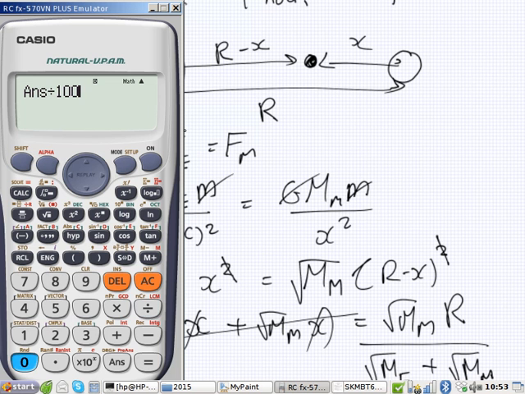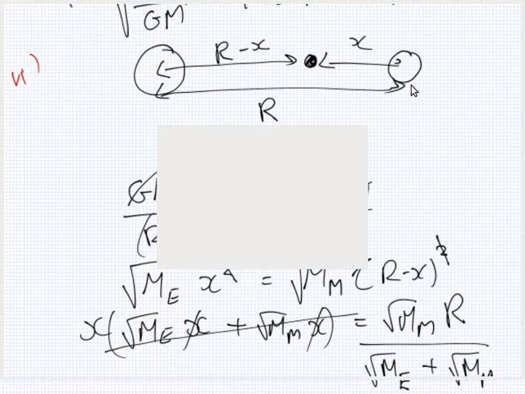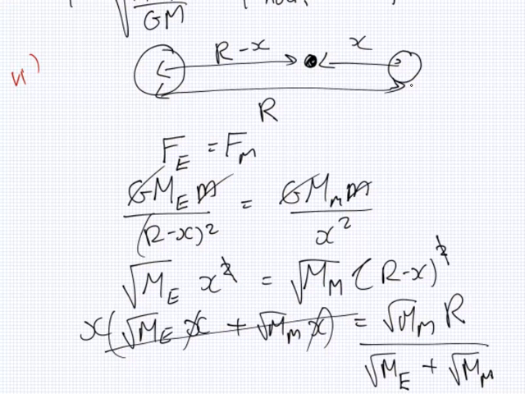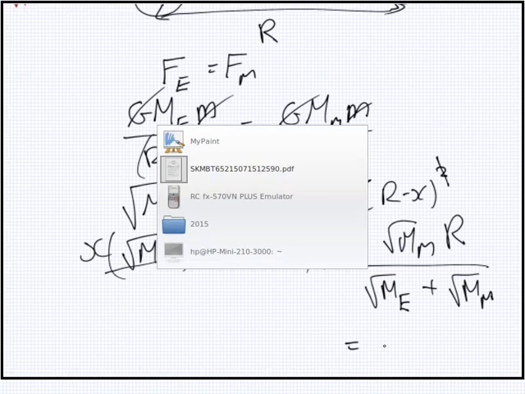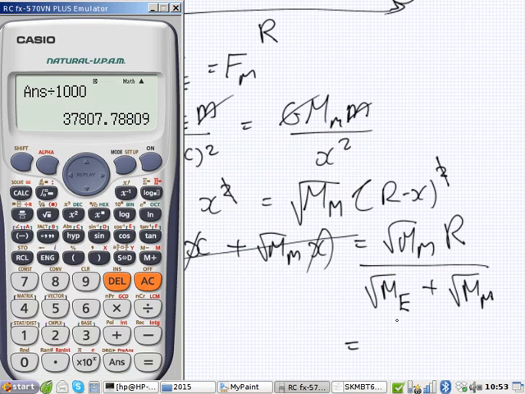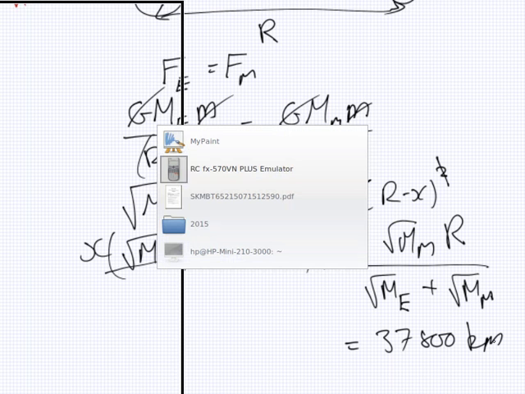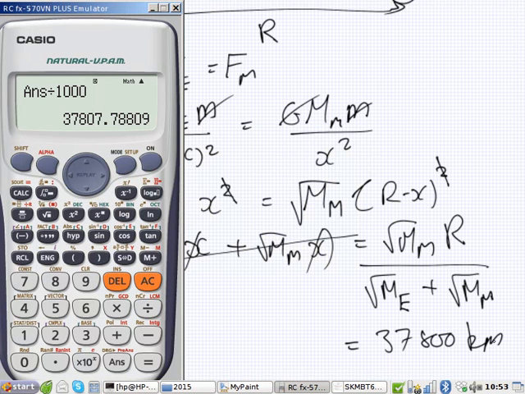Let's put this in kilometers. That seems a bit too big. No, I guess okay. 37,800 kilometers from the center of the moon. Let's have a quick check on the calculator to make sure everything was in order.